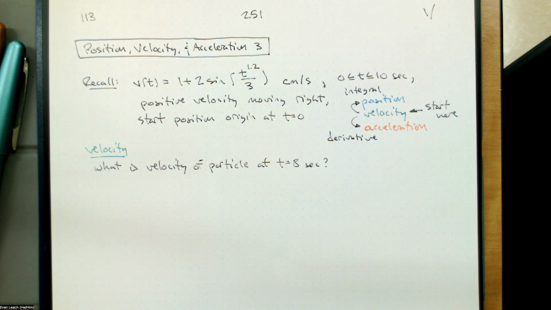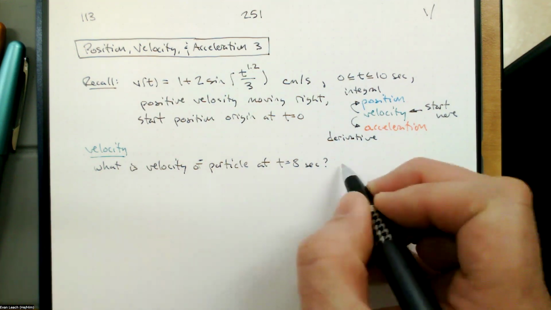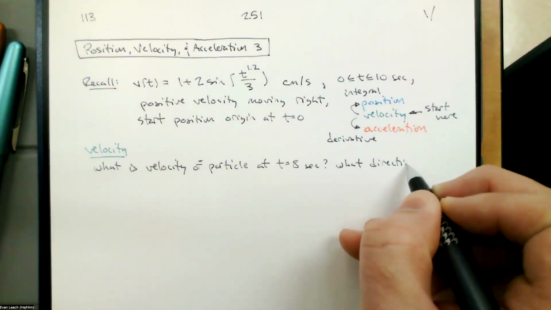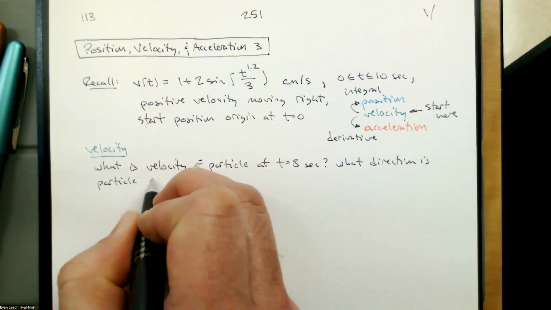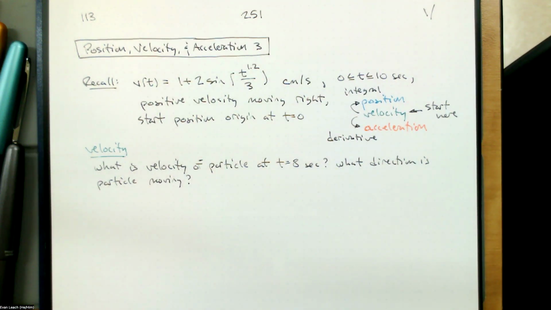Since there is context, I would want to put this in context. I might say something like, what direction is the particle moving? Then show your calculations, round your answer to however many significant figures. So if I ask the question, what's the velocity of the particle at 8 seconds?